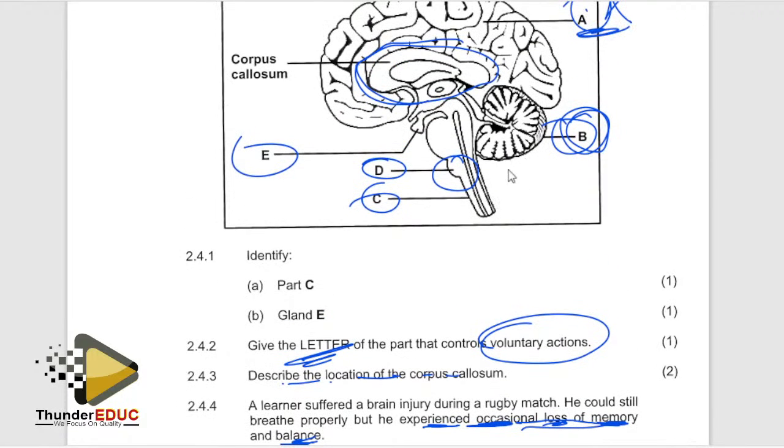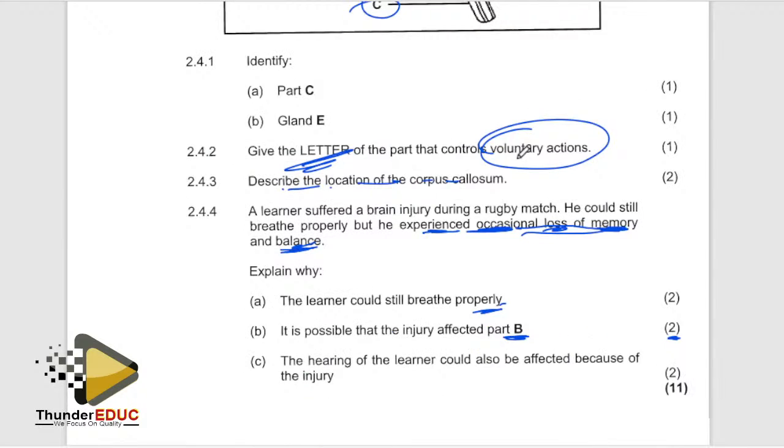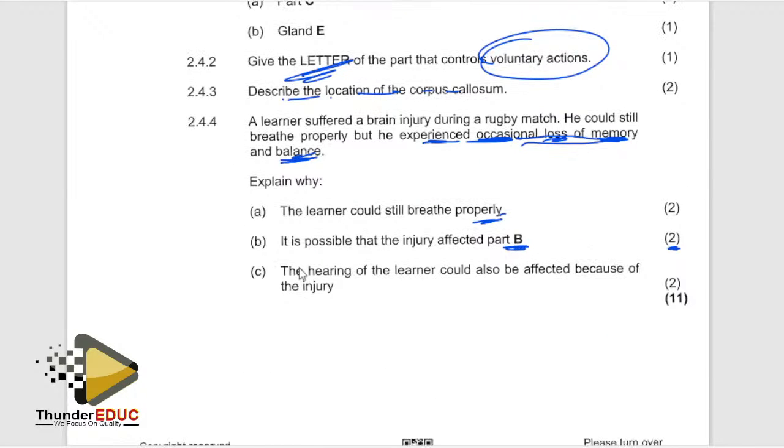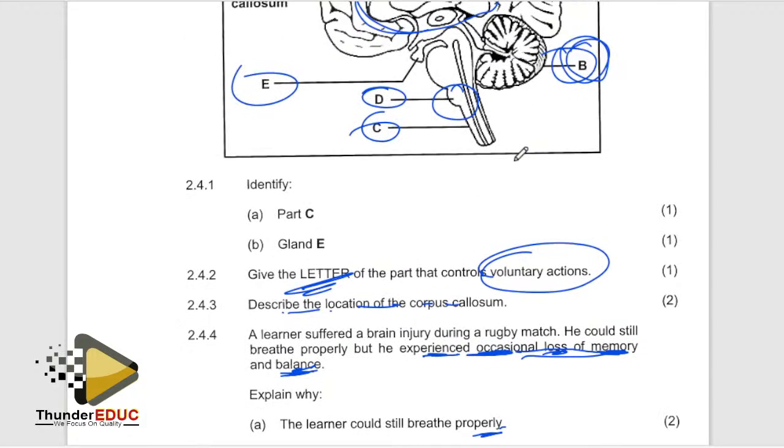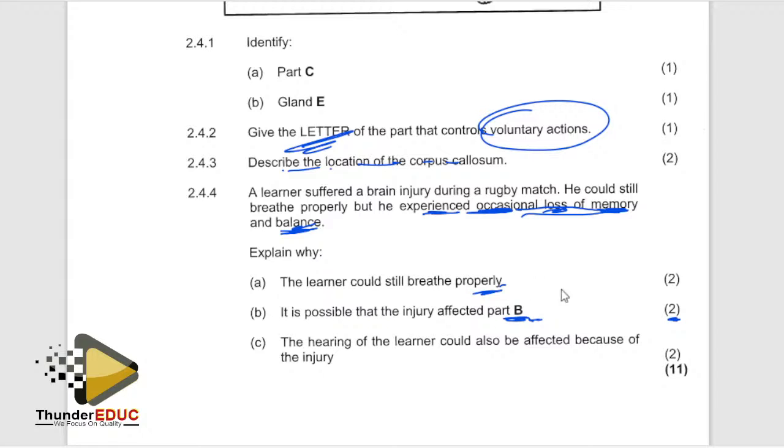Do you think this injury affected B? Yes, it could be, because the balance is being affected. Therefore, the person experiences occasional loss of balance.